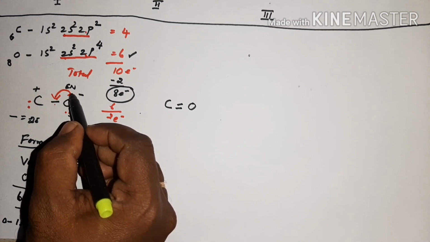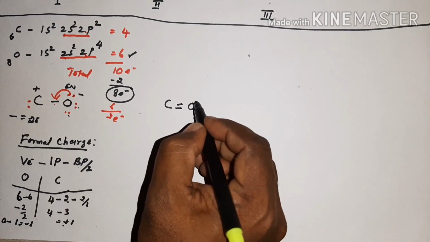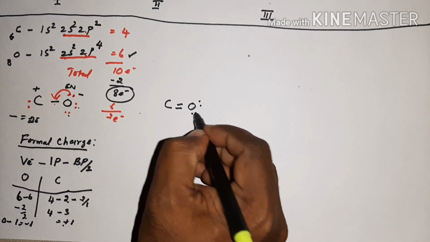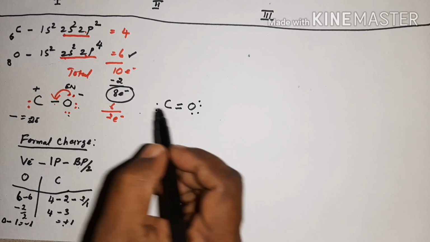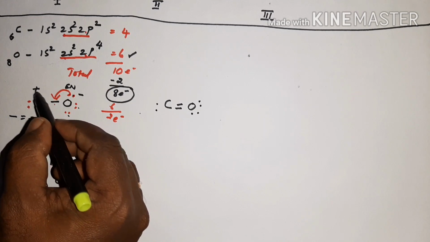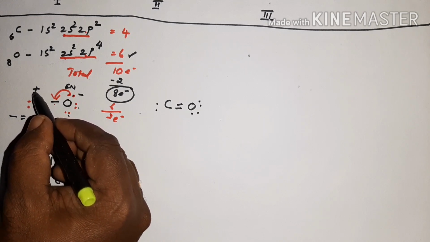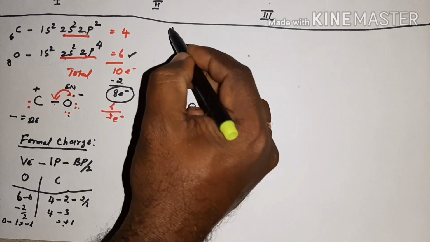When the electrons shift here, this minus charge will disappear. The remaining 4 electrons are lone pairs on oxygen, and here 2 electrons are on carbon. Since these electrons are shifting towards the bond, the charge will cancel out. So we are getting this second structure.